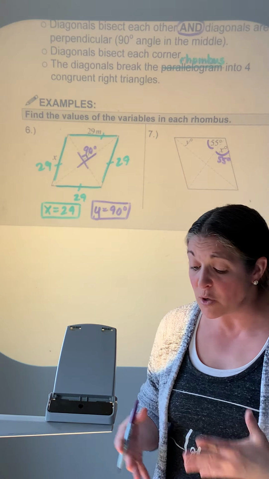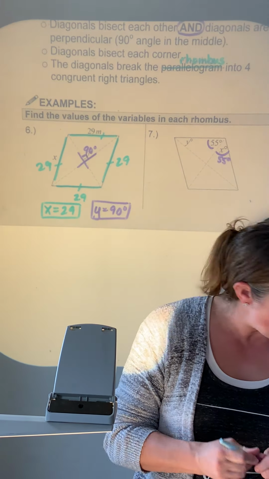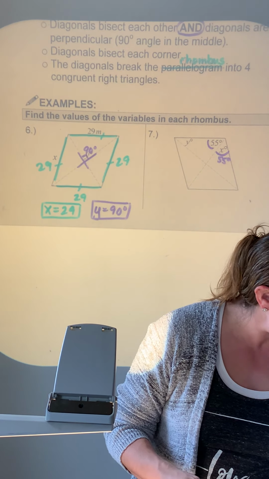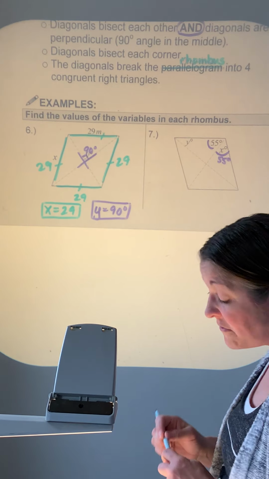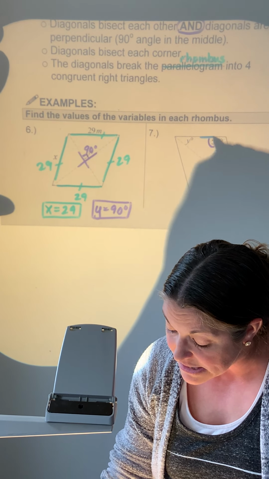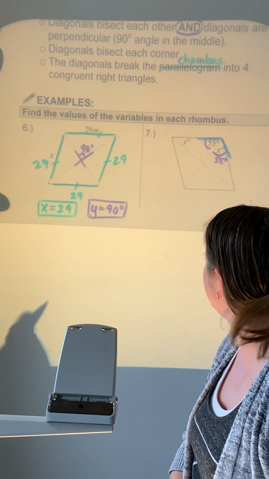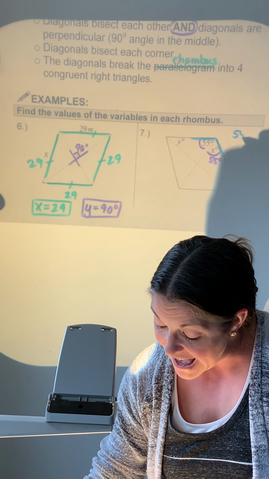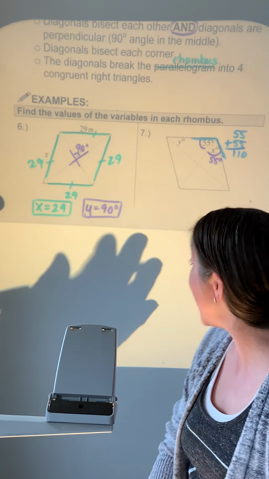Now, as far as finding y, we've got a couple different ideas here, okay? One thing, just to kind of go back to a parallelogram and remind ourselves of some of that stuff, this entire angle, now that we know that it's 55 and 55, if we add those up, that gives us 110.